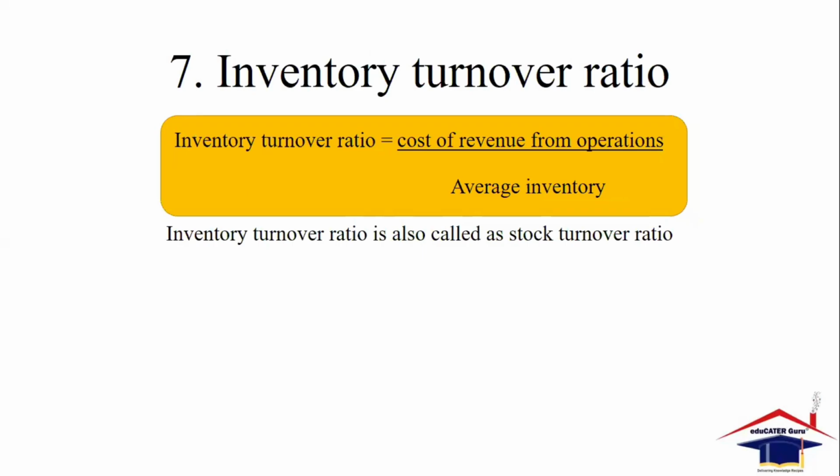Next, inventory turnover ratio. The formula says cost of revenue from operations divided by average inventory. The inventory turnover ratio is also called the stock turnover ratio. So now we'll see what is cost of revenue from operations and average inventory.